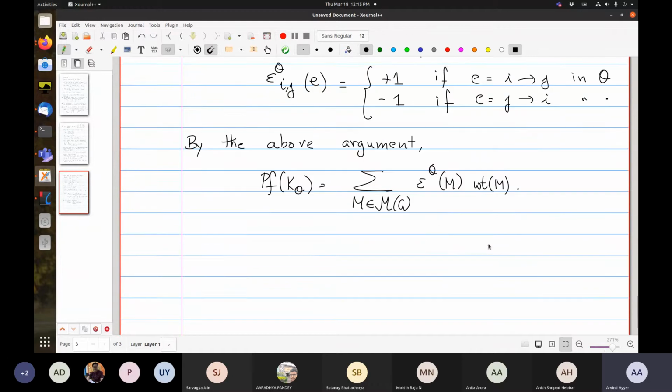So what is the aim? If we want to make this equal to the partition function or its negative, all we want is that all of these guys should have the same sign.